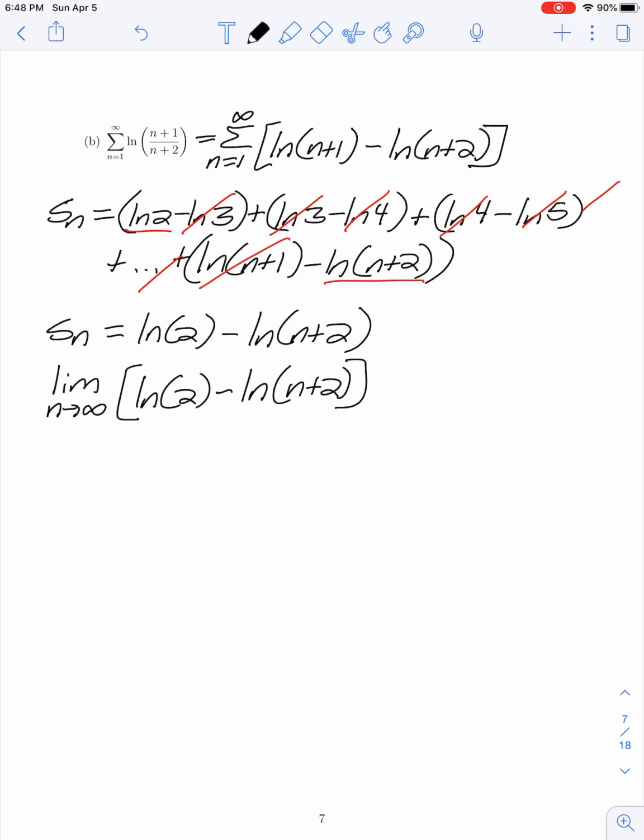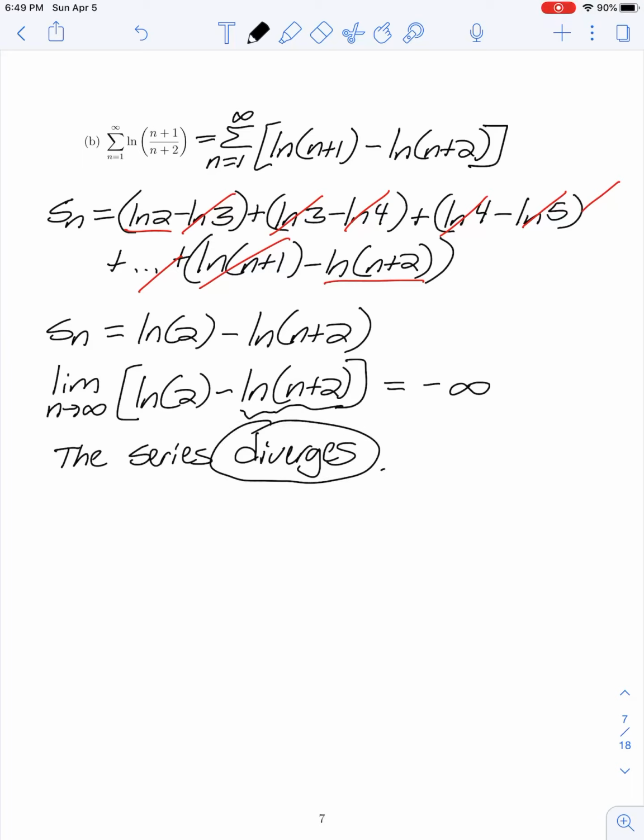As n becomes infinitely large, log of (n+2) becomes infinitely large. So I have log 2 minus this infinite quantity, which is diverging towards negative infinity. So here we would say the series diverges, since the limit of the sequence of partial sums s sub n did not exist.